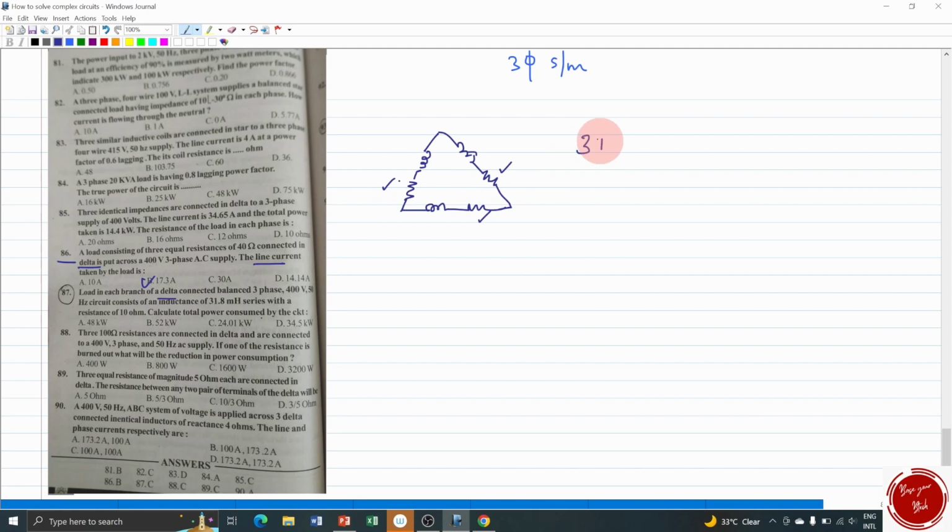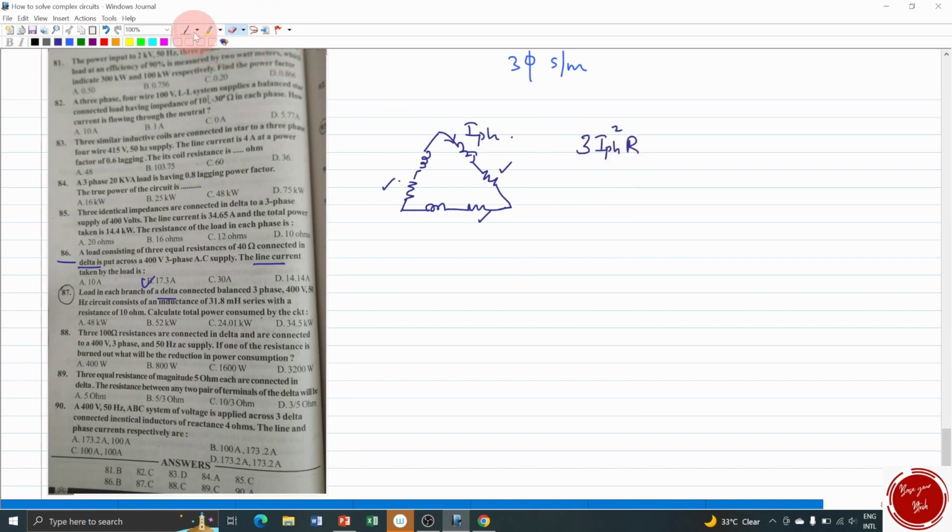Okay, so 3 I phase square. The current passing through each arm is phase current, isn't it? So I phase is the current passing through the resistor. So I phase square R. This is the power consumption in one resistor, multiplied by 3 will give the power consumption in whole load. Okay. So 3 I phase square R is the equation.